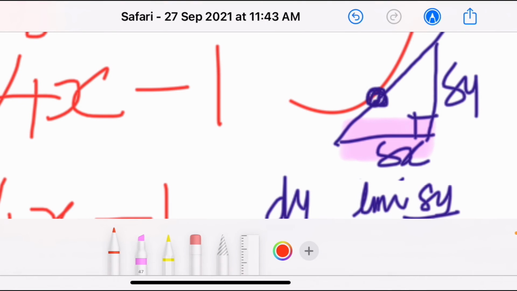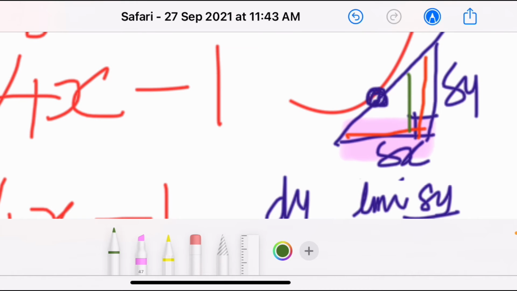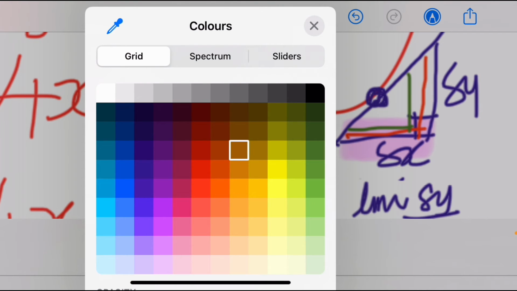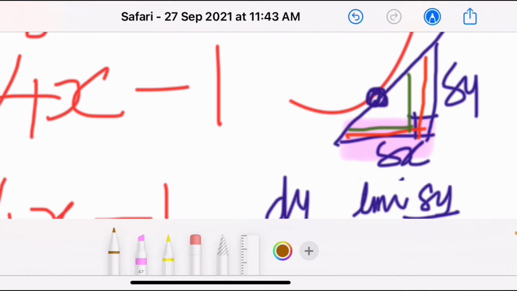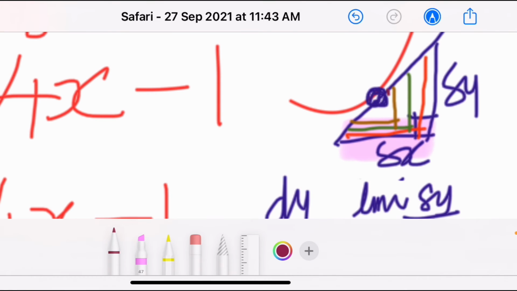You must understand this. It means that delta x becomes closer and closer to 0, so the triangle becomes very, very small.